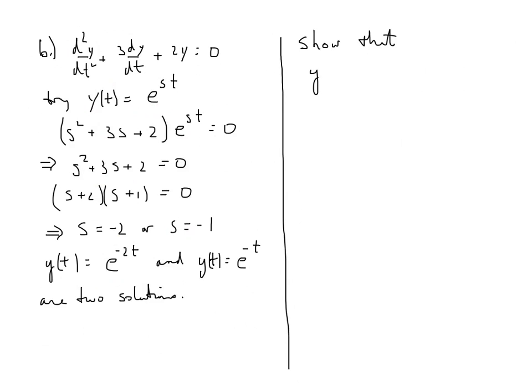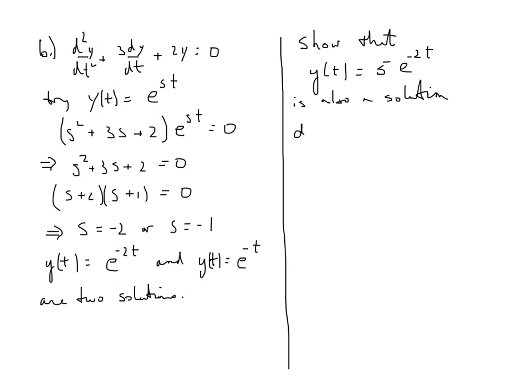Show that the function y of t, which is a constant multiple, let's just pick 5, for example, as a constant, of e to the minus 2t. Show that that is, in fact, also a solution. So I plug it in.